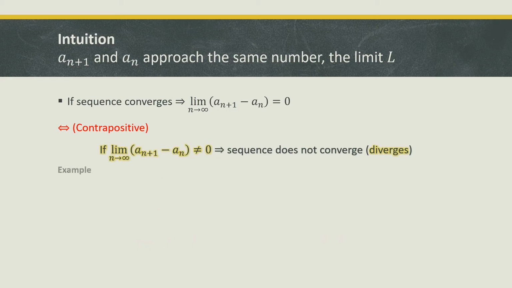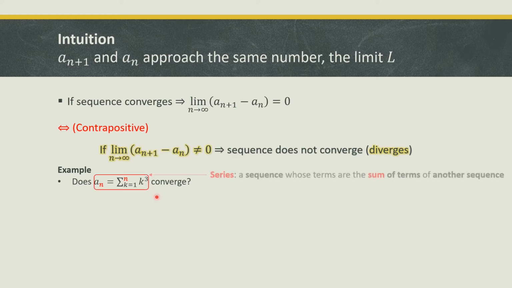In this example, we will be using the following sequence. A sub n equals this sum. So this is being summed from k equals 1 to k equals n. And this kind of sequence has a special name. It's called a series. So a series is just a sequence whose terms are the sum of terms of another sequence.